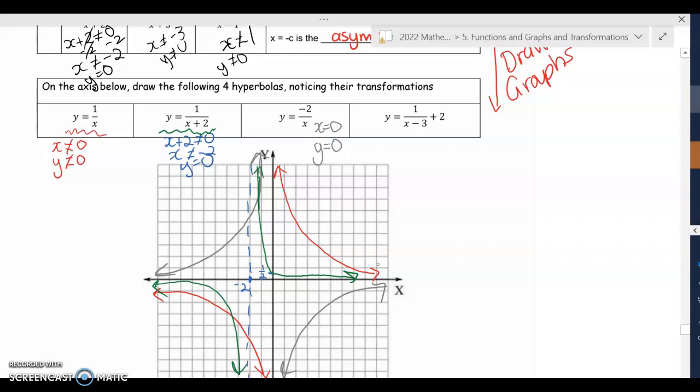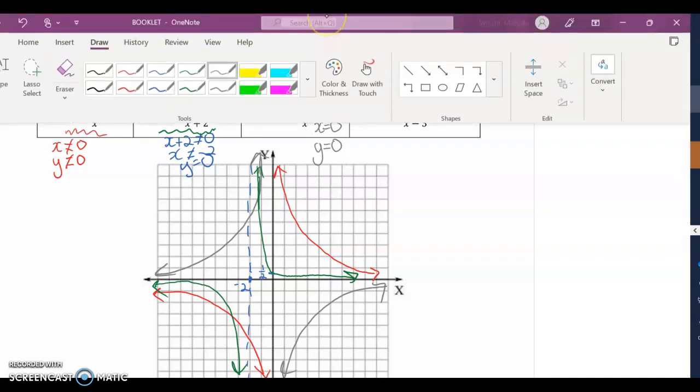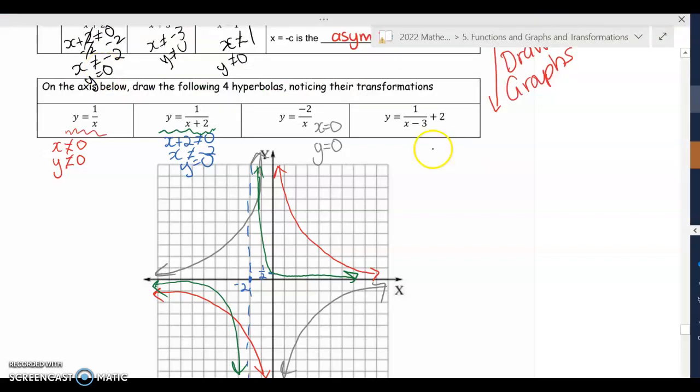One last one to go. We might pop that one in another colour. Let's go black. Okay. Now, bottom line. x minus 3 cannot equal 0. So x cannot equal 3. y plus 2 is also an asymptote. So y cannot equal 2. Okay, so let's add that to our graph, our asymptotes. x equals 3 and y equals 2.